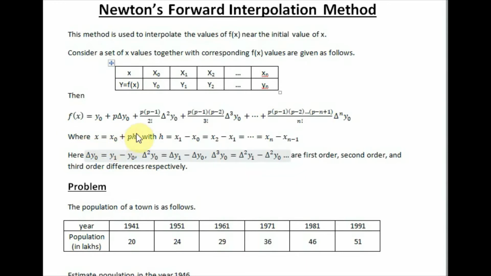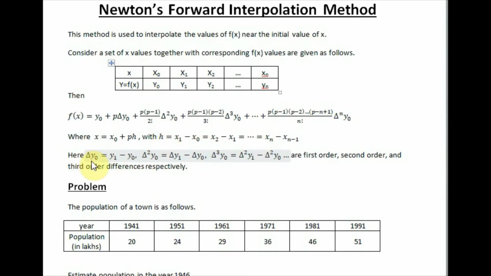From this formula we have to evaluate p, and this h is the step size, that is, h is x1 minus x0, or x2 minus x1, or xn minus xn minus 1. All these will be the same, and h is known as the step size.